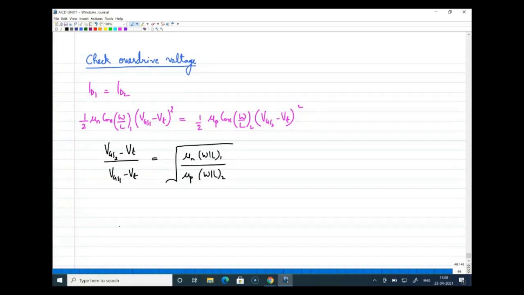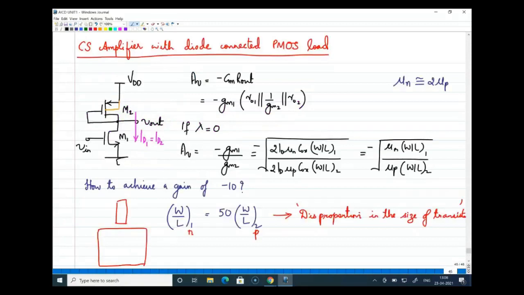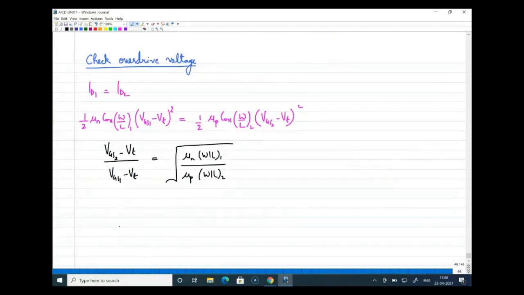Right. In the previous page, when I wrote the gain, it was equal to the same thing but with a negative sign. Now when you check the ratio of overdrive voltage, that is also exactly the same. So this is the same as the gain value.